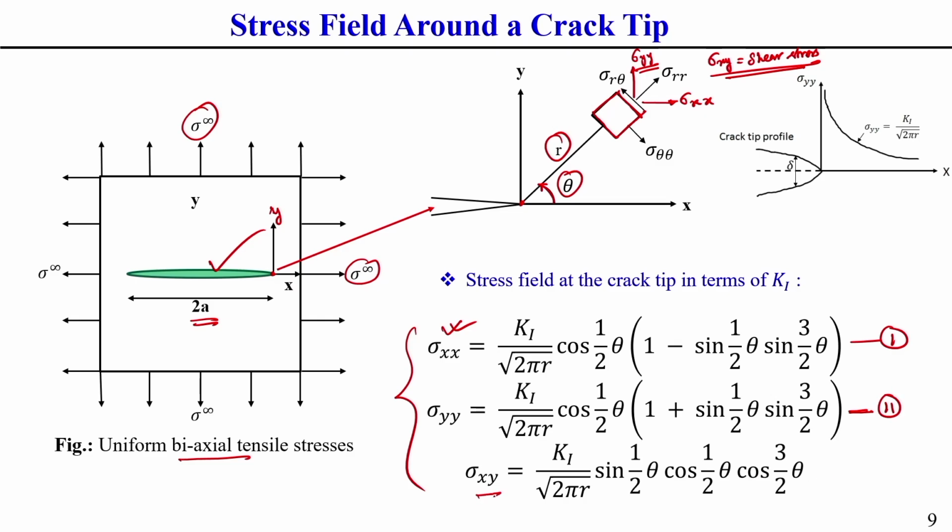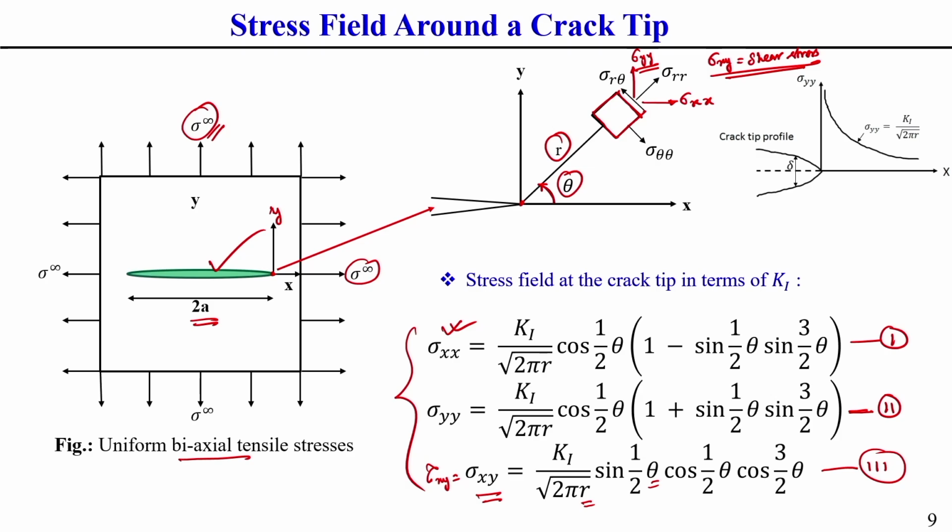And how this sigma xy, which is also called tau xy, the shear stress component, is related to r and theta and this far field stress sigma, that you can easily get.